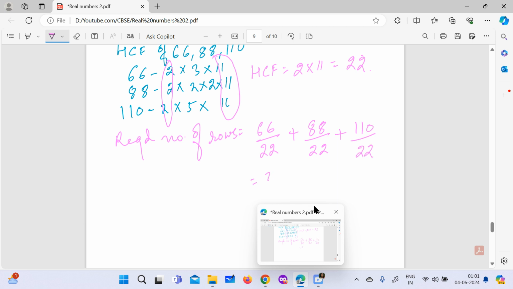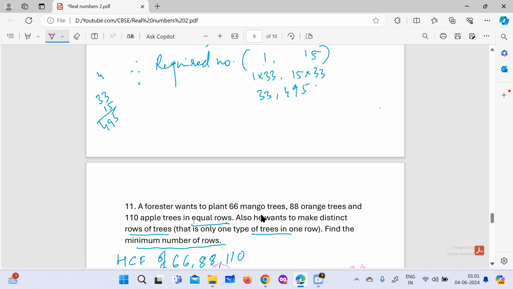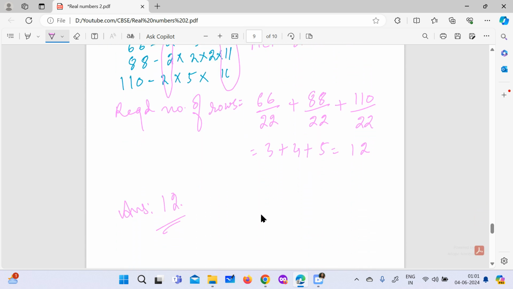So this will give you 3 plus 4 plus 5, and that gives you 12. So hence, the answer is 12. This is one competency based question. Find the minimum number of rows. So we are going to have the minimum number of rows as 12. I hope this is clear to everyone.